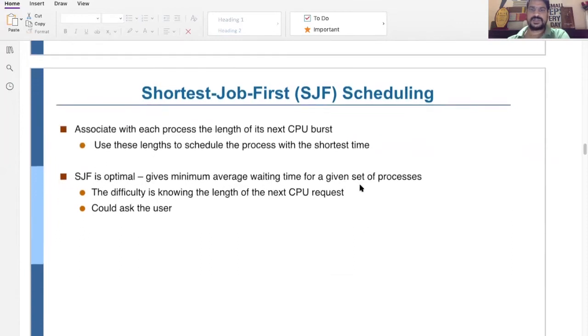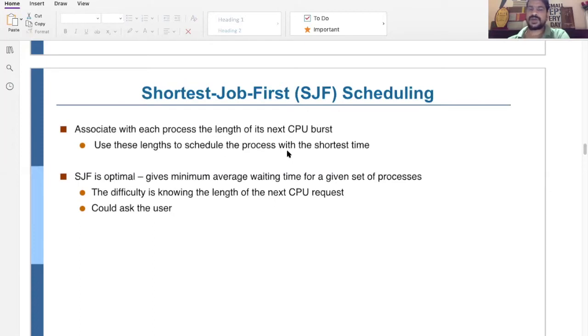In the shortest job first scheduling algorithm, each process is associated with the length of its next CPU burst. We use this length to schedule the process with the shortest time. The idea is that every process should have a burst time, and that burst time should be known prior to its execution.